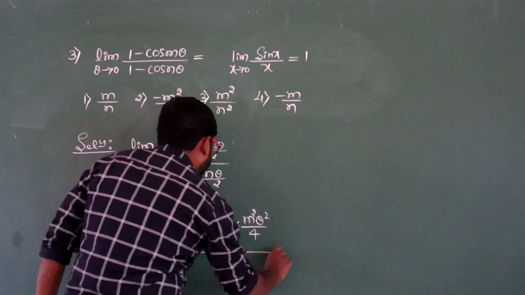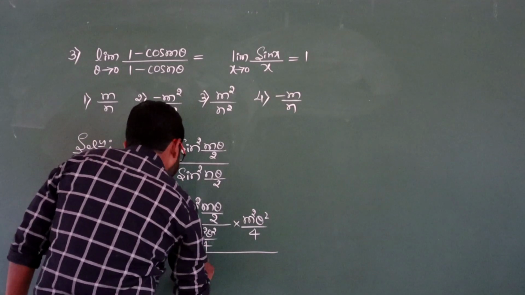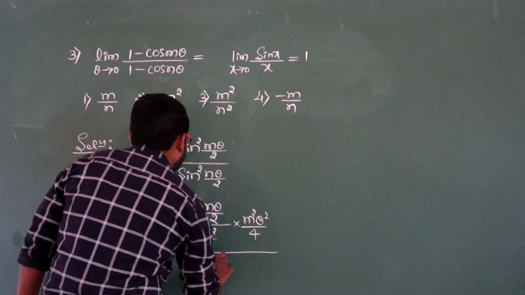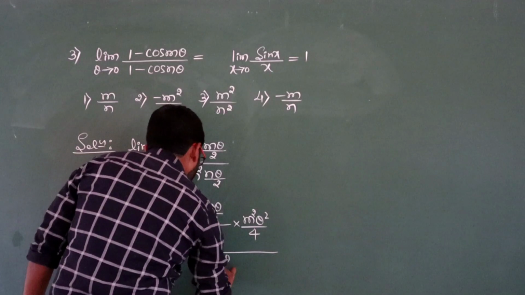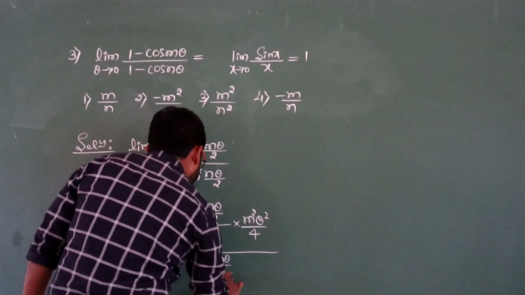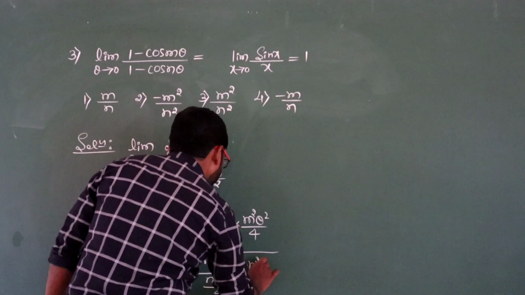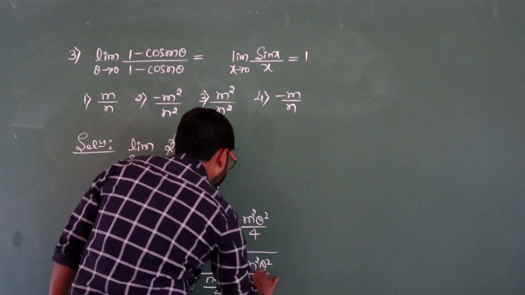Then divided by the other term, that is sin square n theta by 2, whole divided by n square theta square by 4, and we have to multiply by n square theta square by 4.